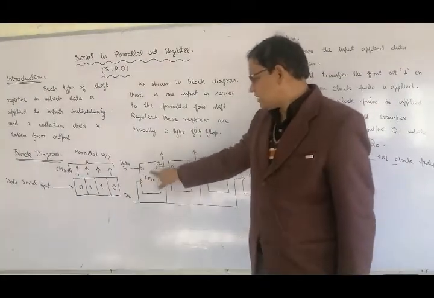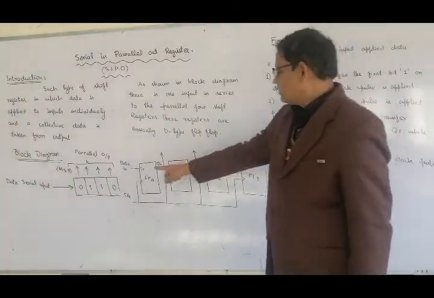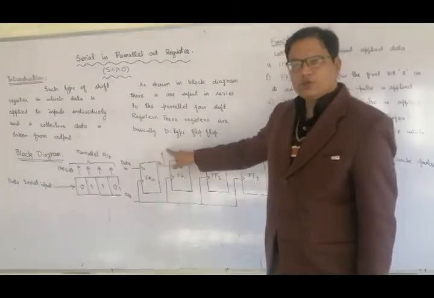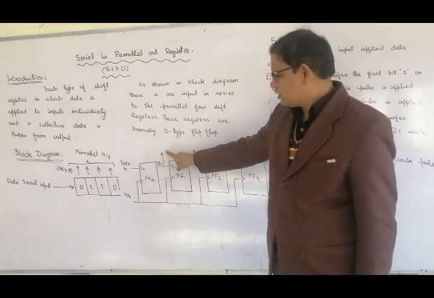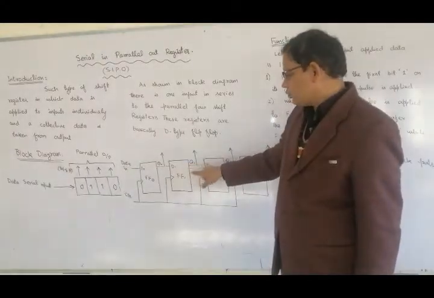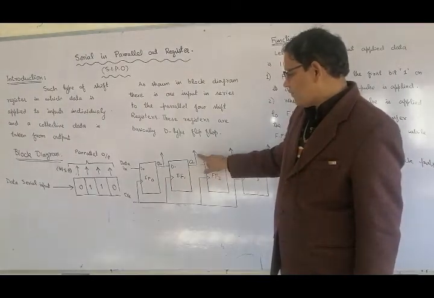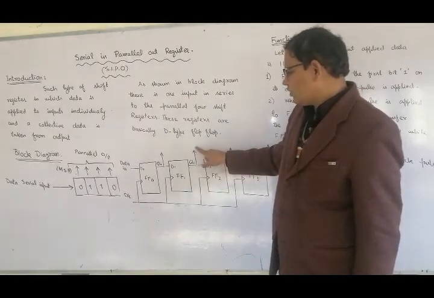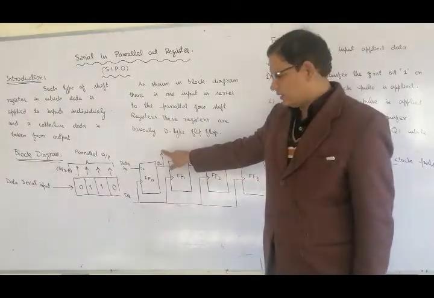When we apply the next bit, that is 0, the 0 will be shown on this output Q0, and the 1 at the previous stage will transfer towards FF1. FF1 will also show a 1 over here and 0 will be present over here.